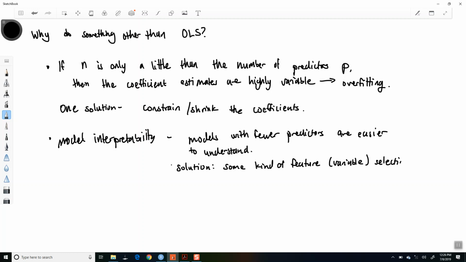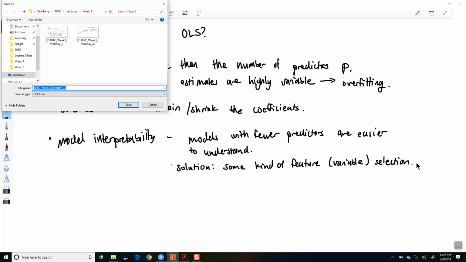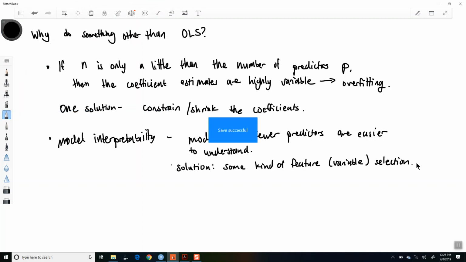Which predictors in X do we use? Okay, we don't want to use all of them. If we've got a lot, maybe we only want to use a few. And so that's why we might do something other than OLS, okay? Because OLS just says, take all your things, dump them in there, and get coefficients.